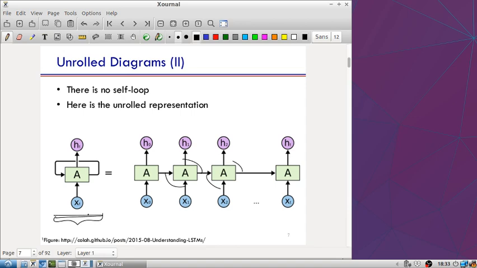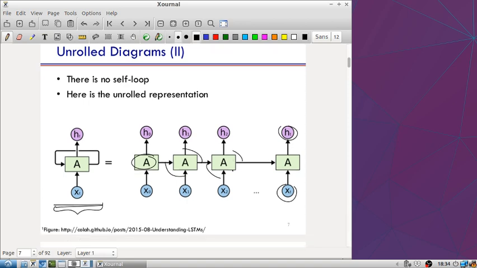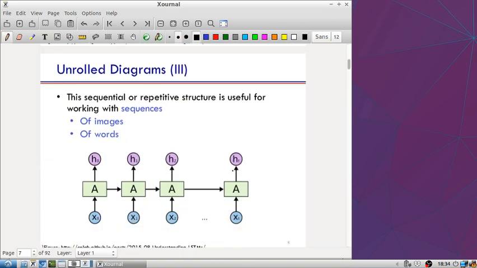A is still a block, potentially a neural network, and at current time t there is an output ht, but that depends not just on the current time period's input, but also on the previous time period's computation, which in turn remembers the computation from 2 periods before. And here I'm just saying these x can be feature vectors, could be images, could be words in a sentence, and so on.